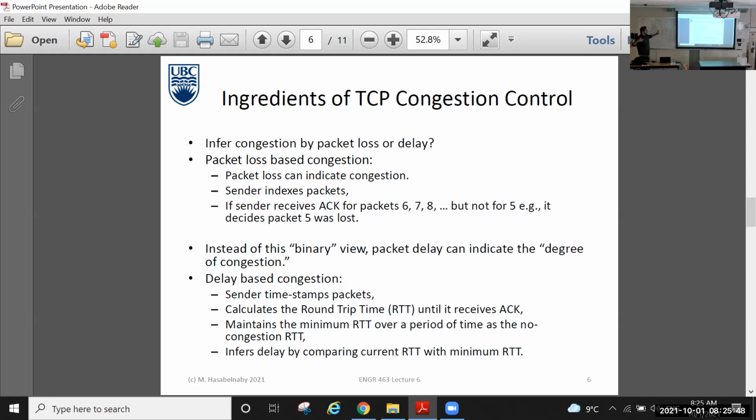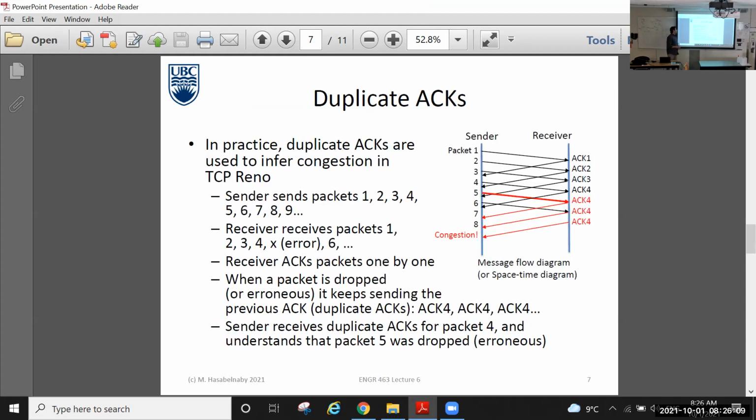The channel is idle. If the round trip time becomes 4 seconds, this means that we have 3 seconds delay, and so on. So delay can be determined by comparing our current round trip time with the minimum round trip time. Okay, one way.